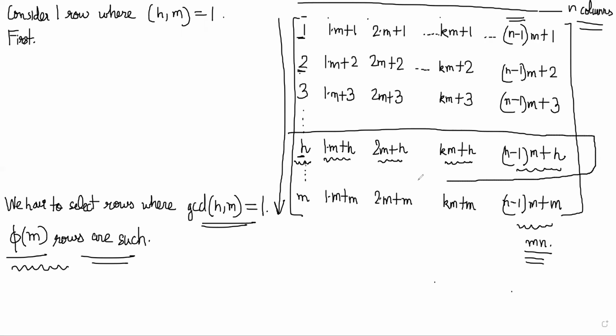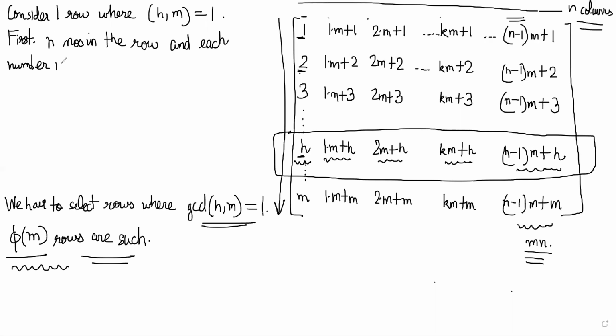First see that there are n numbers in the row, and each number is distinct modulo n. How can we say that?